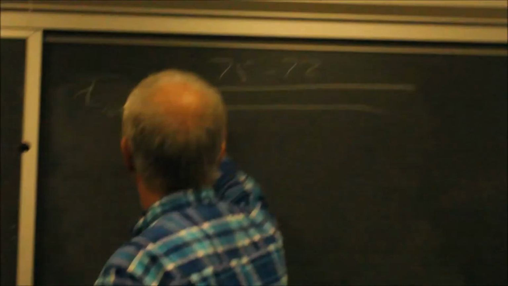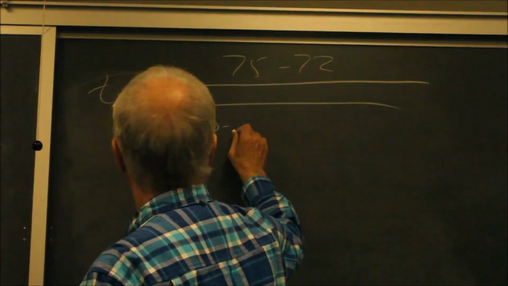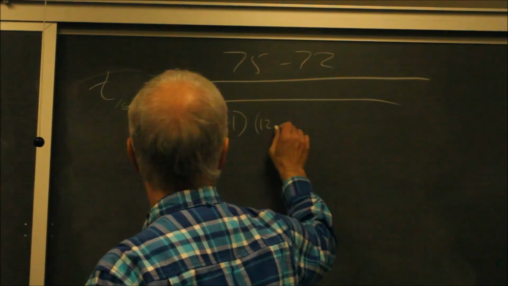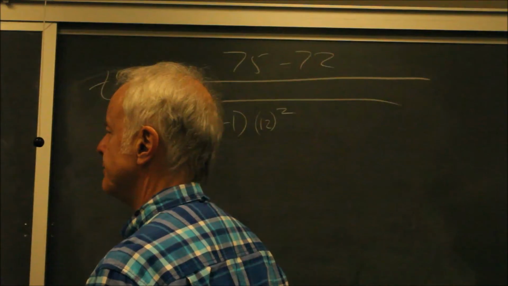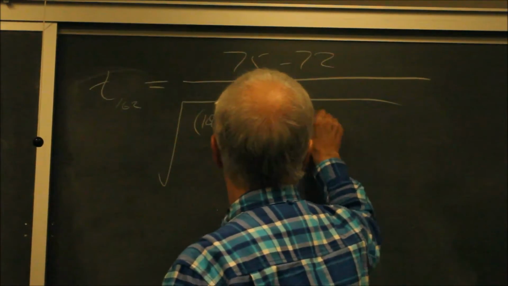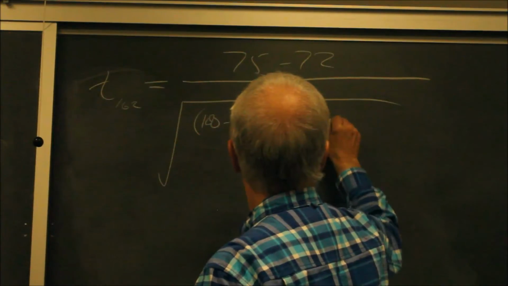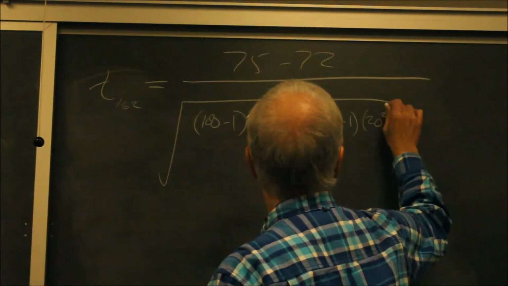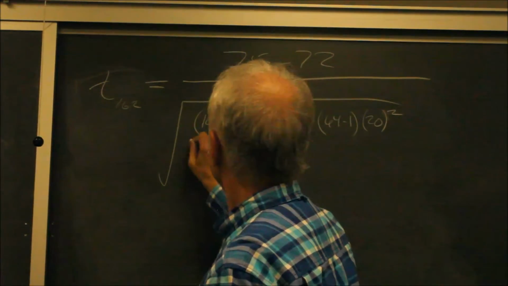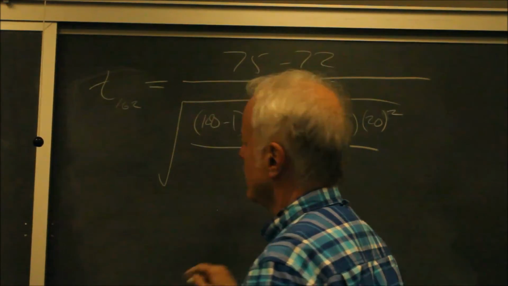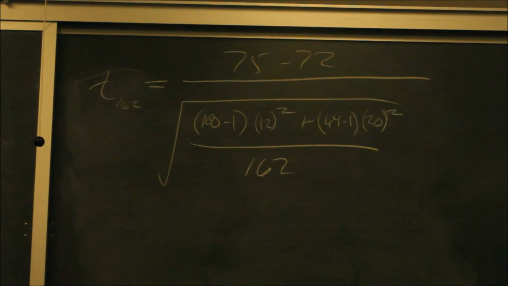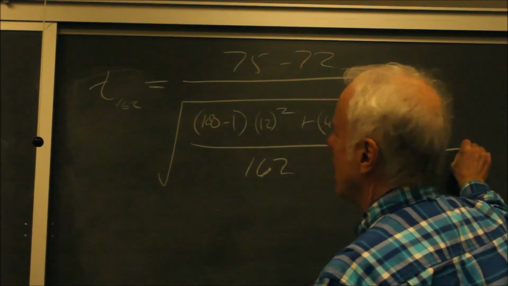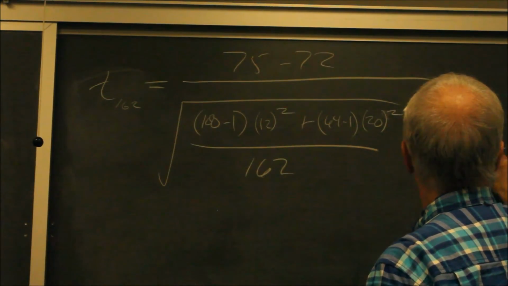It's 100 minus 1 times 12 squared, plus 64 minus 1 times 20 squared, over 162. Because we already calculated this here as degrees of freedom at the bottom. Then it's multiplied by 1 over 100 plus 1 over 64.